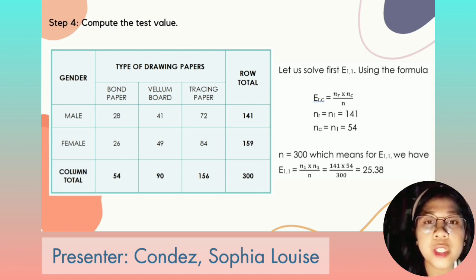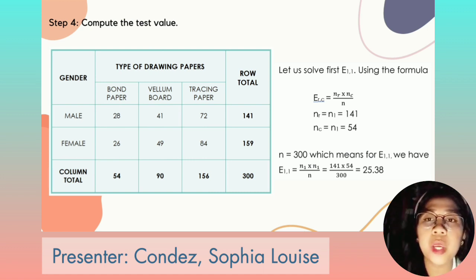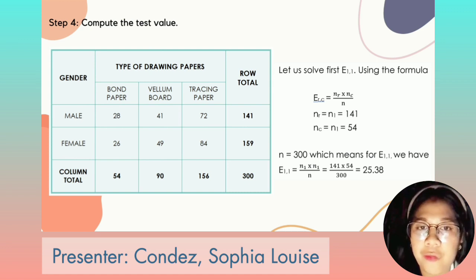So, our first N1, or the number of rows, is equal to 141. Next is the number of columns, or we can call it N1 also. It is equal to 54. Now, let us add all the numbers of rows and columns. So, the total is 300.